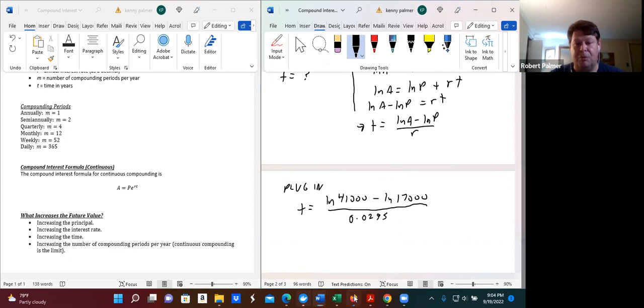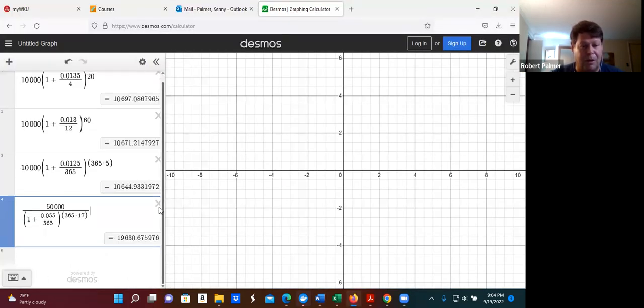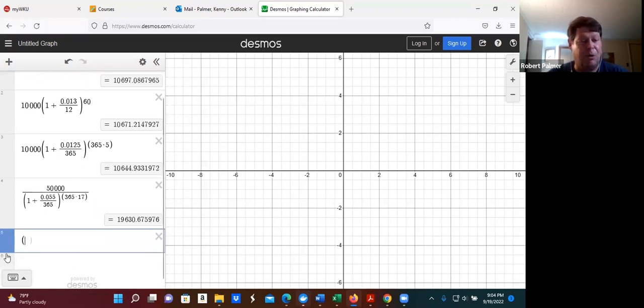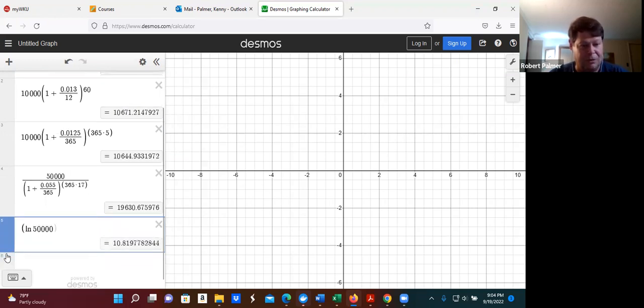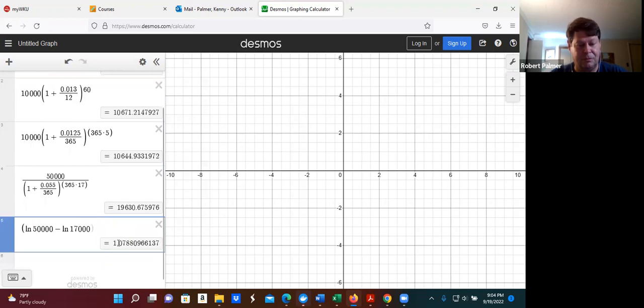Once again, in most calculators, you can do this. Here, I'm also going to use parentheses because I want to divide the whole numerator. So ln of 41,000. You notice natural log of 41,000 is not a big number because the natural log is a very slowly growing function. Then minus the natural log of 17,000. Close the parentheses.